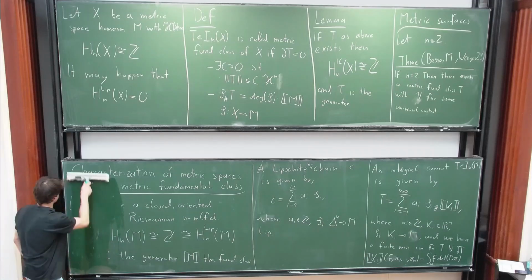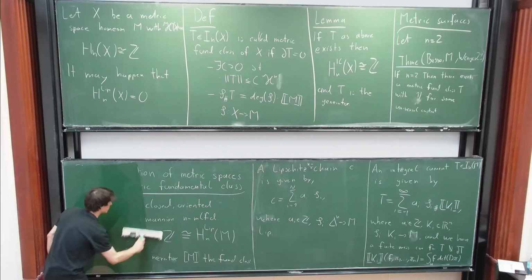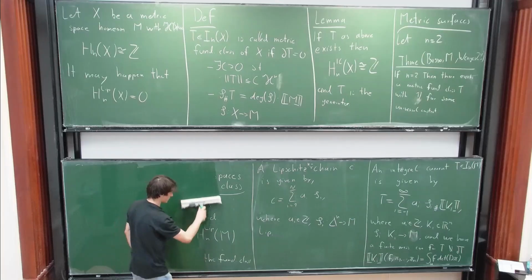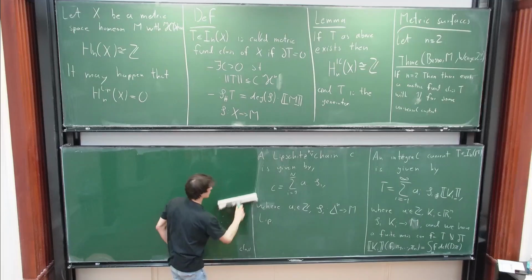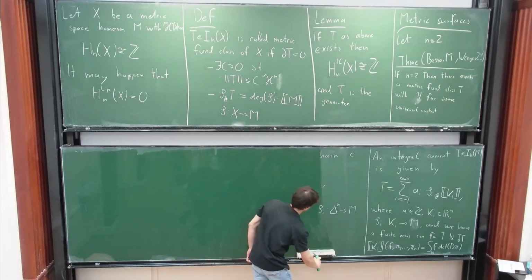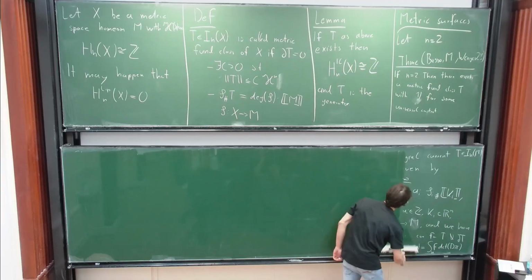So maybe let me say something about how you prove this. You can use the uniformization theory Amaris was explaining last week to construct this current, or there's another nice result about metric surfaces.